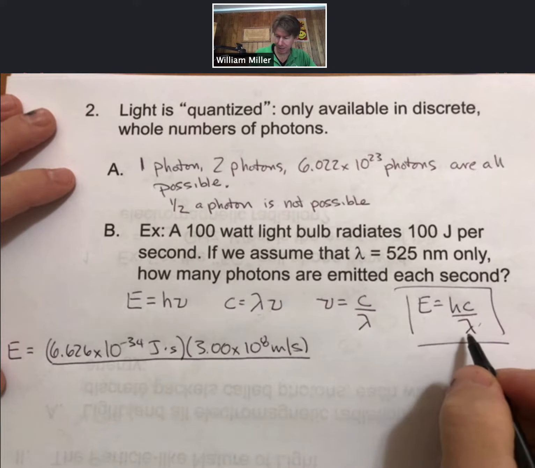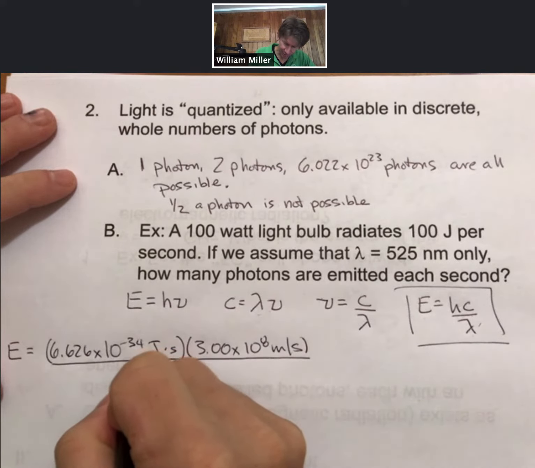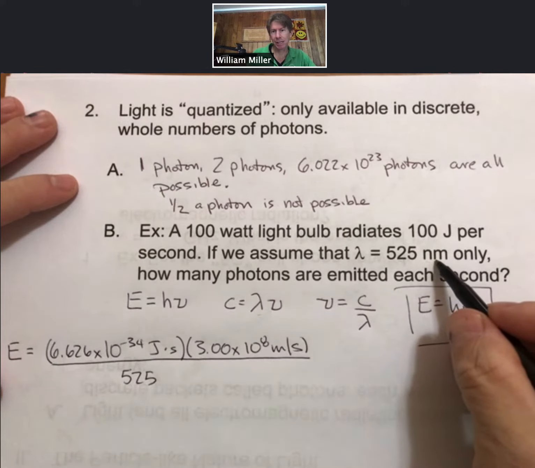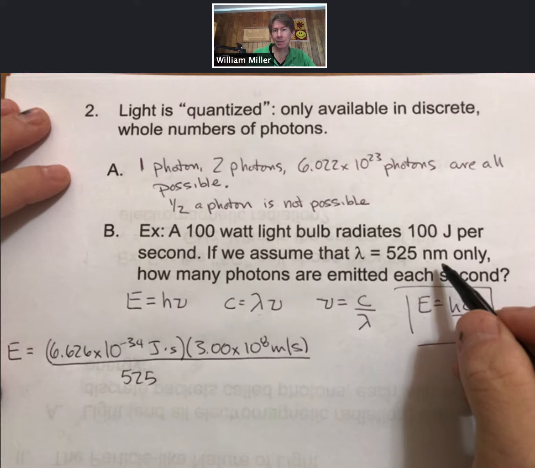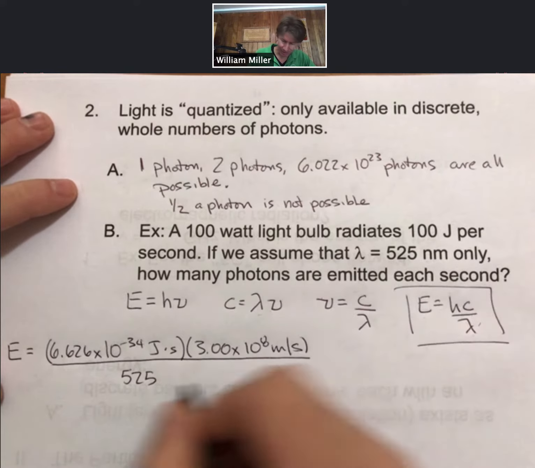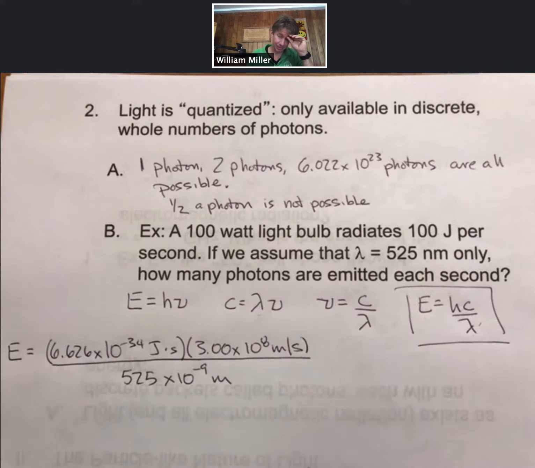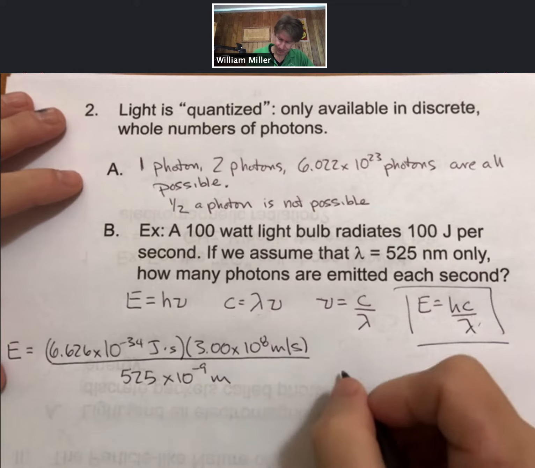My wavelength is in nanometers. This time, just to do something a little differently, I'm going to put my 525 right into my equation. And then instead of writing nanometers, since 1 nanometer equals 1 times 10 to the minus 9th meters, I will just write times 10 to the minus 9th meters there. That's a shortcut method of doing my unit conversion.